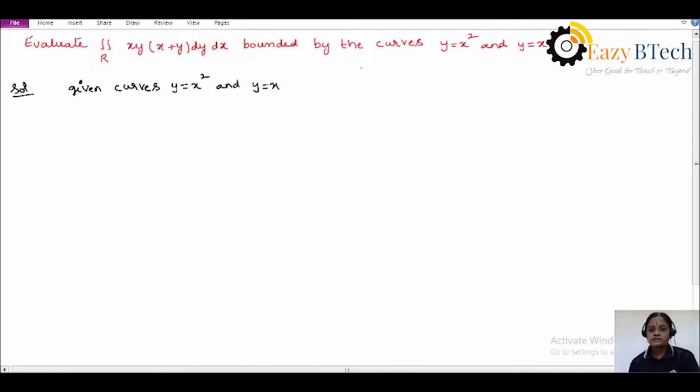Now drawing the corresponding diagram for these two curves. It is the x-axis and the y-axis. The first one, y = x², is a parabola.